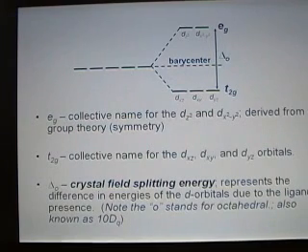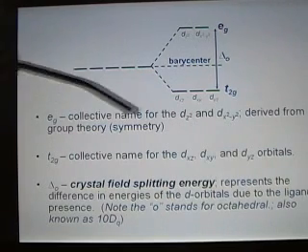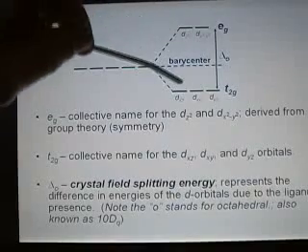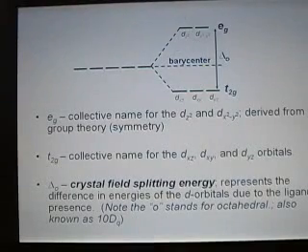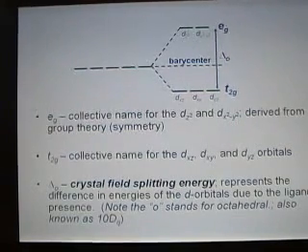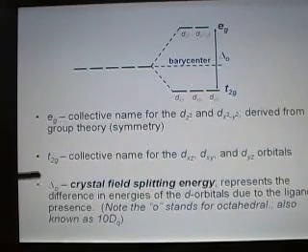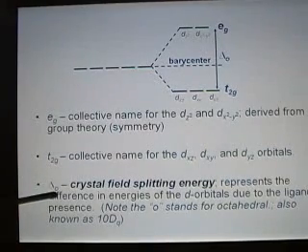Now, the difference in energy between the t2g and the eg orbitals. So these ligands coming in separate these orbitals into 2 sets. The difference in energy is called delta naught.